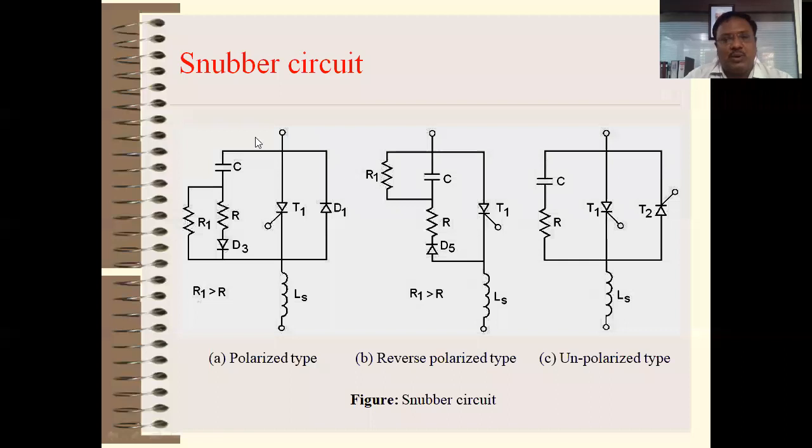The frequency of that spike is very high, so the capacitive reactance is very low, so it passes all the voltage spikes through the capacitor towards R, and this R limits that voltage to the specified level.